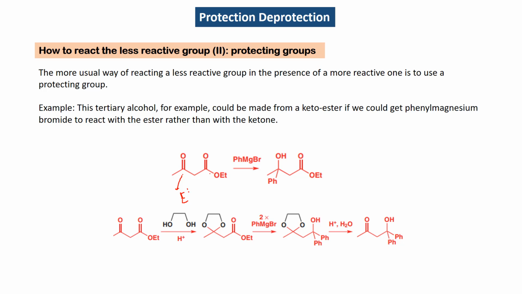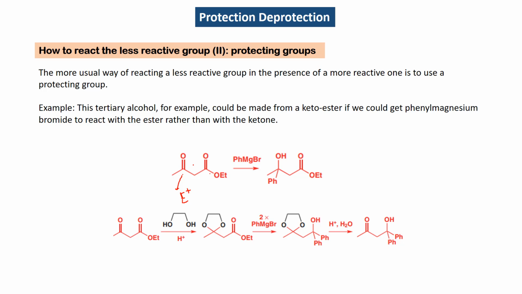Now if you add a Grignard reagent, obviously it will attack this center. Now suppose you want a product where you need the ester group to be reacted, not the ketone one. Then what will you do? Then we came up with this protection. In that case, if you add a protecting group, obviously the more reactive group will react first.